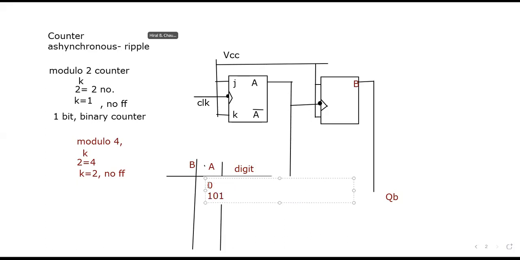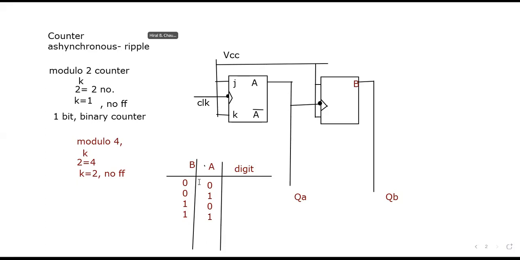And the next bit would always be 0, 0, 1, 1. Okay, we will go up to the required number. Here we want only 4 numbers, so this would be enough.